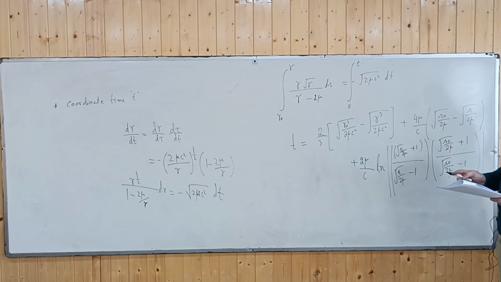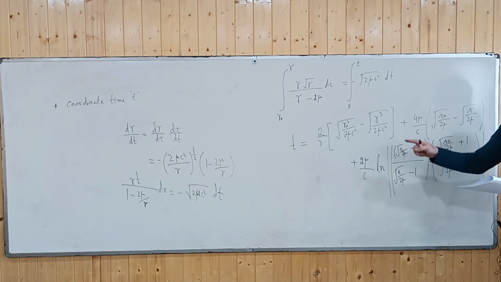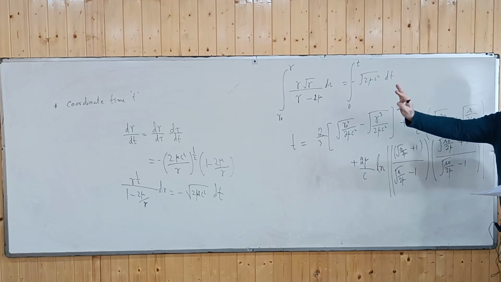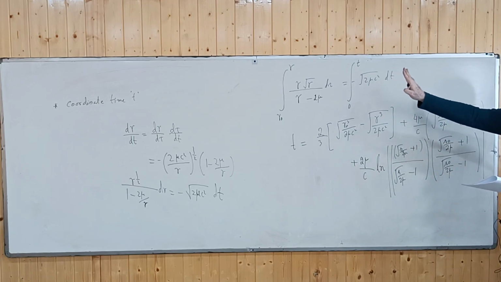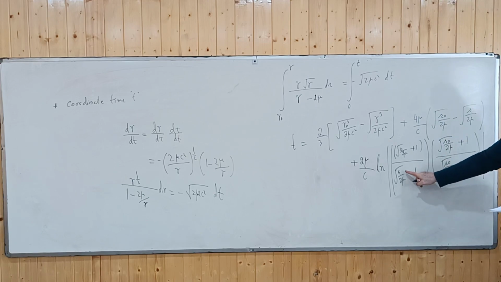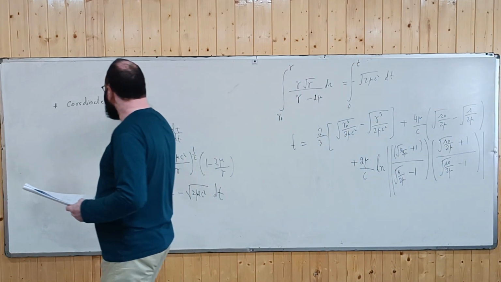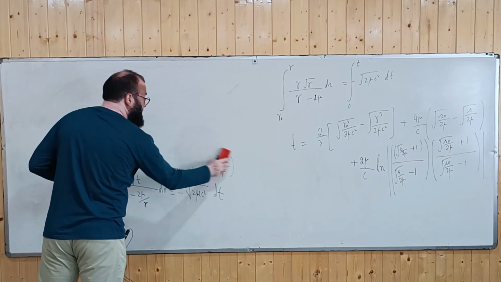So now let's look at what happens if r tends to 2 mu. Since r is the final distance and r naught is the initial distance, we have nothing to do with r naught. r is the final point. So let's take r crosses 2 mu, or r reaches 2 mu. What will happen? When r tends to 2 mu, it diverges actually.